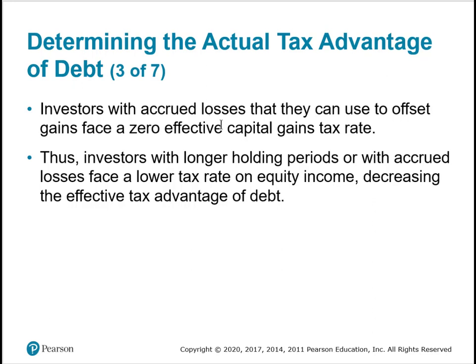If investors have accrued losses, right, they could actually face a zero effective capital gains tax rate. So investors with long holding periods or losses face a lower tax rate on equity income, which again decreases the effective tax advantage of debt.